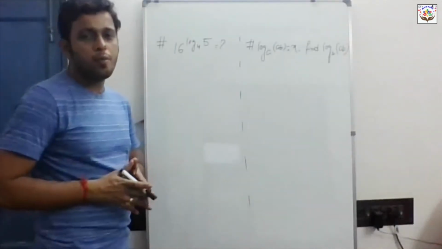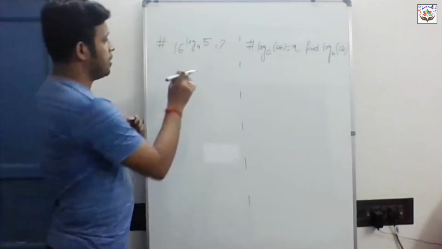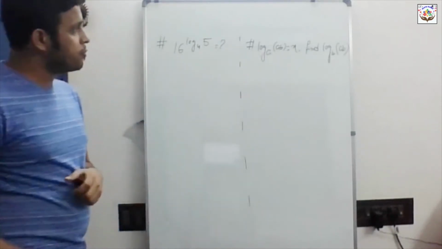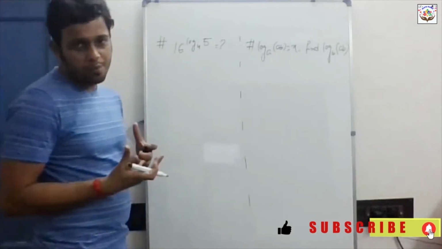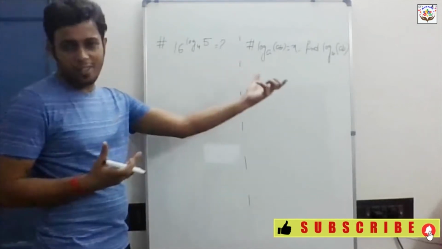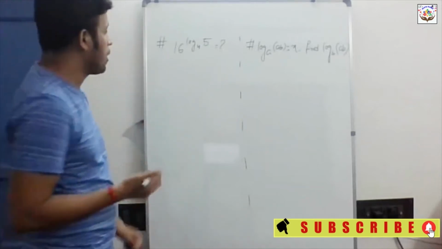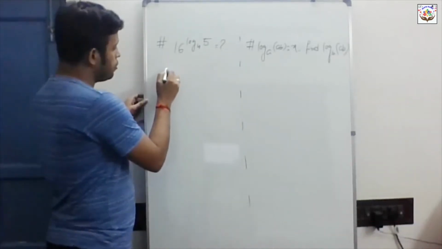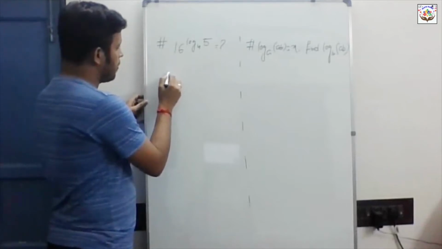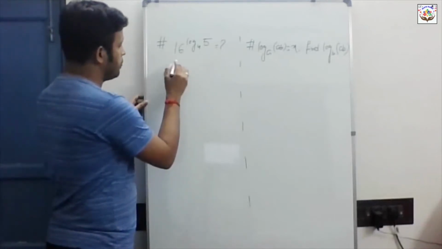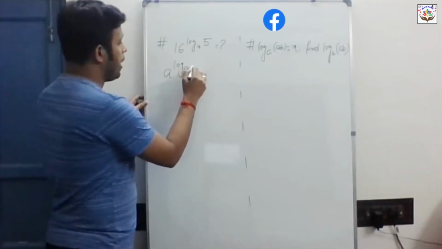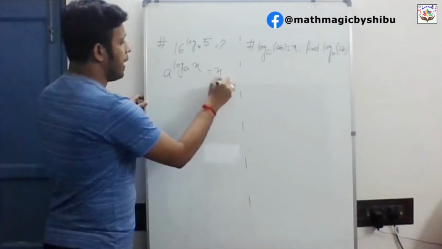So our next problem on logarithm is this one and this one. We'll try to solve both these problems a bit differently, but the concept is the same. Let me show you. At first, you need to know a formula: a to the power log a x equals x.